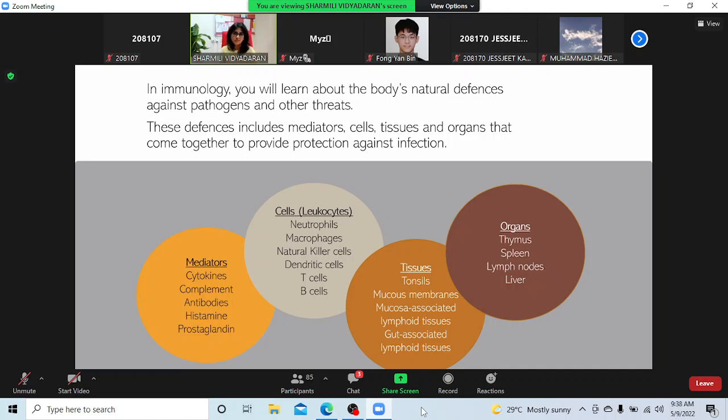Immune system made up of cells, mediators, tissues, and organs. All right, and that's summarized in this slide. I haven't listed everything, but it's there to show you, oh yeah, these are cells, these are mediators, these are the tissues, these are the organs. All right. Any questions so far?